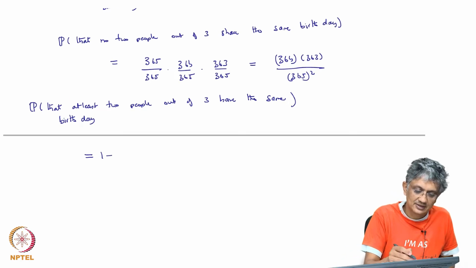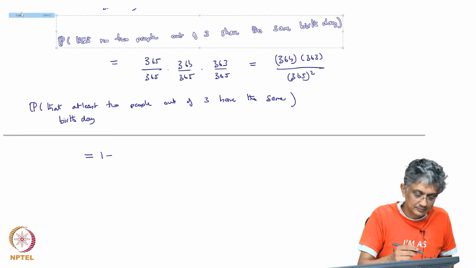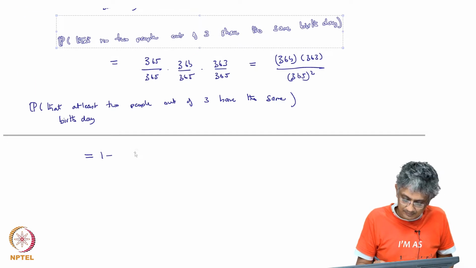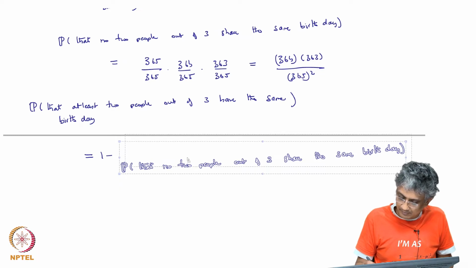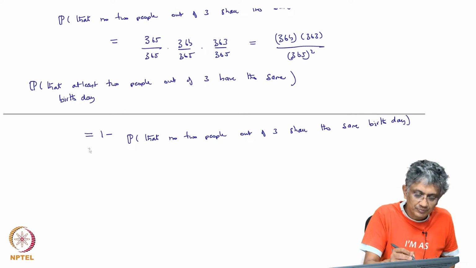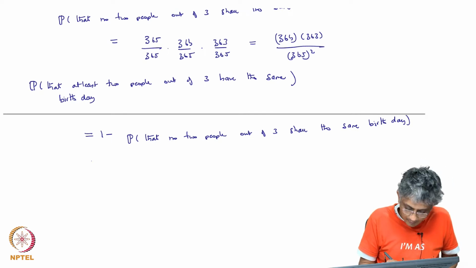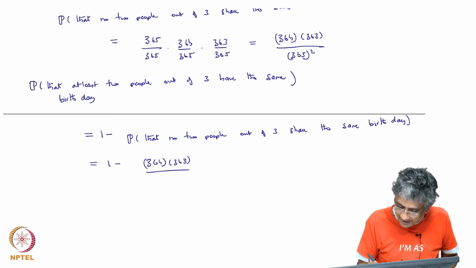So it's going to be 1 minus this. That's going to be equal to 1 minus 364 times 363 divided by 365 squared.